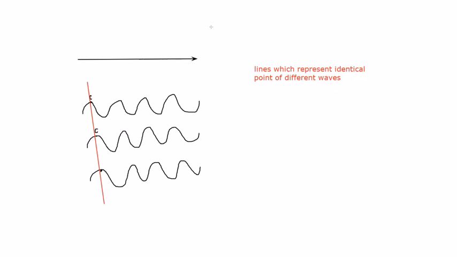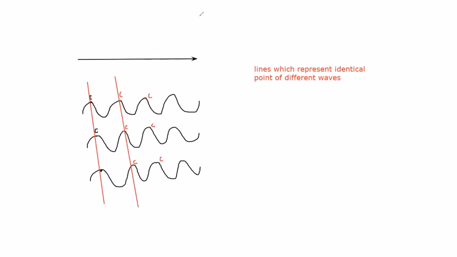Same thing, this is the second crest, the second crest of the second wave, and the second crest of the third wave. When I join these crests together, I get a line, and this line is known as a wave front. Same way, if we have the crest of the first wave, the crest of the second wave, and the crest of the third wave, crest means identical points.